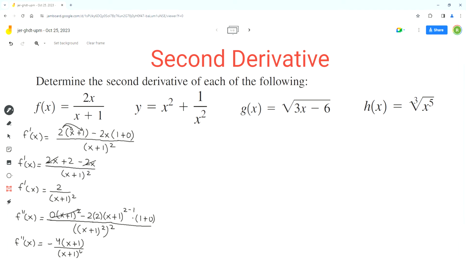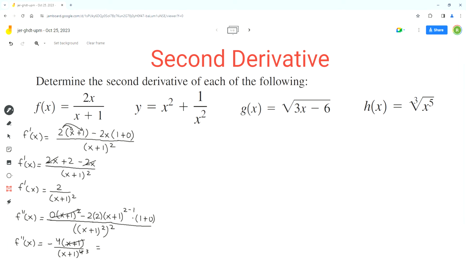over (x plus 1) exponent 4, because in the denominator we'll have to use the power of a power law of exponents. So we do 2 times 2, which is 4. Now we have x plus 1 in the numerator and x plus 1 in the denominator. So we can cancel out the x plus 1 in the numerator and one of the x plus 1 in the denominator.